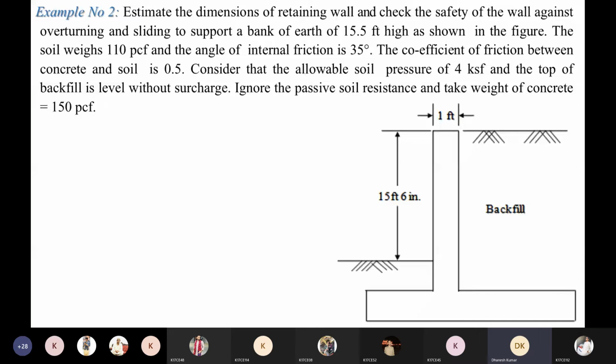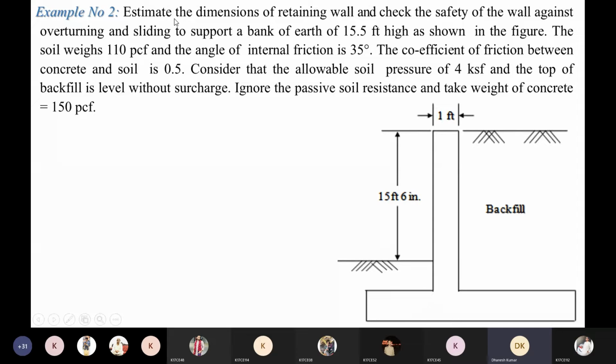If it satisfies the check, then okay. If not, then you have to make some suitable changes. Even after suitable changes, if your retaining wall doesn't stand safe, then you have to go for the design of the key. So there is a problem over here.